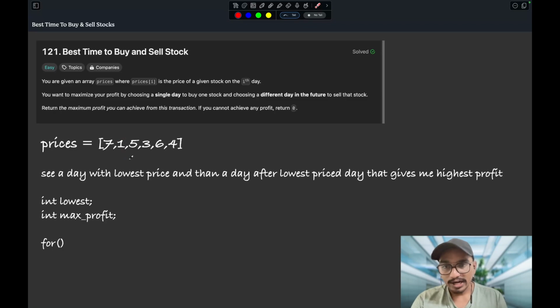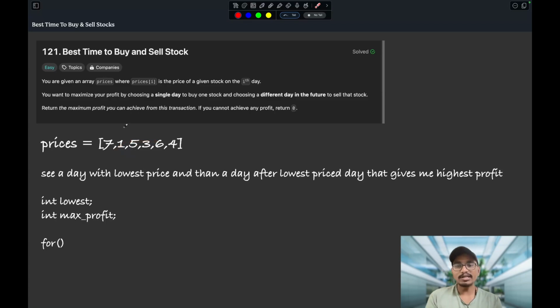After this I would search for a subsequent higher price. If 5 is the higher price, 5 minus 1 is 4, my current highest profit. Then I would traverse further, and 6 minus 1 is 5, which is greater than 5 minus 1, 4, so I would choose this day.